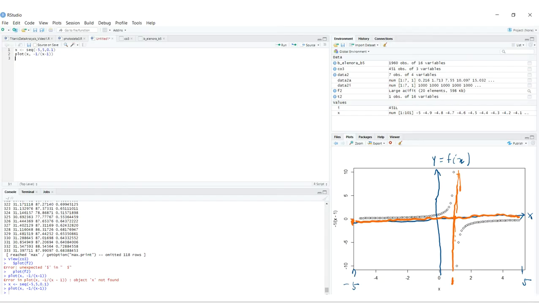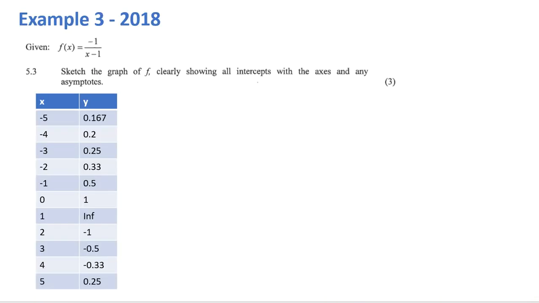I did it using R because I'm lazy. You'll have to do that with pen and paper. That's very easy. You can just choose a couple of points on the x-axis. You have this function, and all you need to compute is the corresponding function values and draw it. Okay?